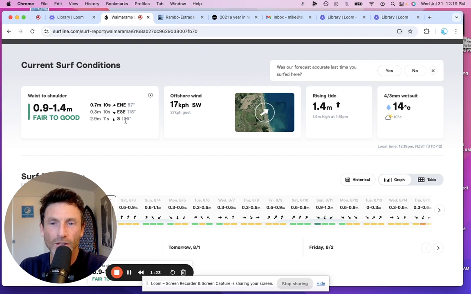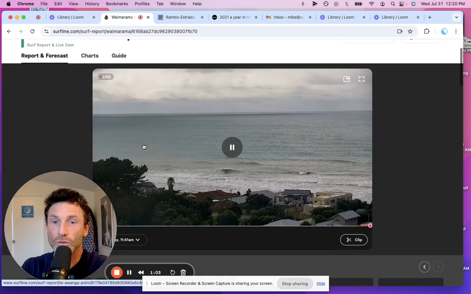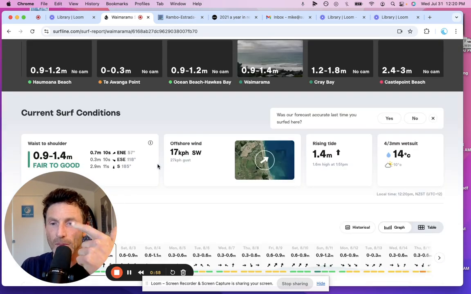So I know that a 185 degree south swell is not really going to get in that well, but as soon as that goes to 180, 170, there's a touch of east or straight south, I know that swell is going to get in as long as it's above 11, 12 seconds and a certain size. So I know that for my local beaches, you need to figure that out. What is the size, period, and angle of swell that gives me good waves at my local beach?